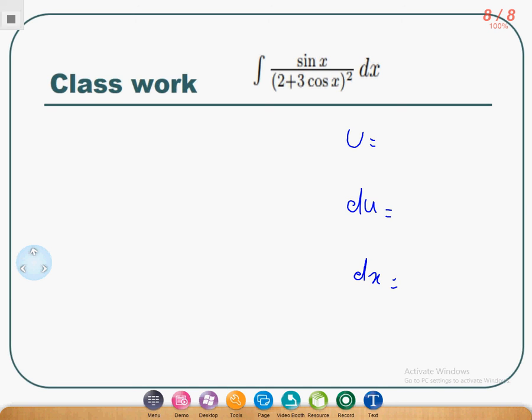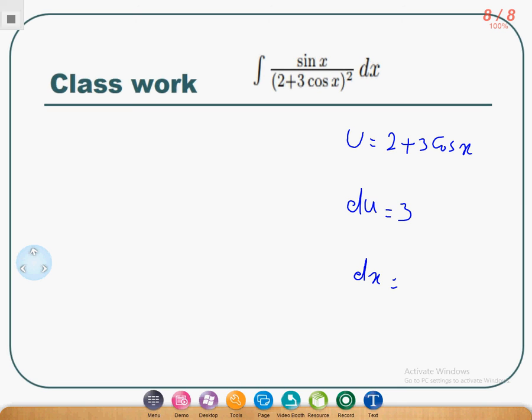Who can tell me the value of u? Which one the highest power? Yes, I will choose the denominator. So I will put u equals 2 plus 3 cosine x. Excellent. Who can tell me du? 2, cancel it. 3, leave it.